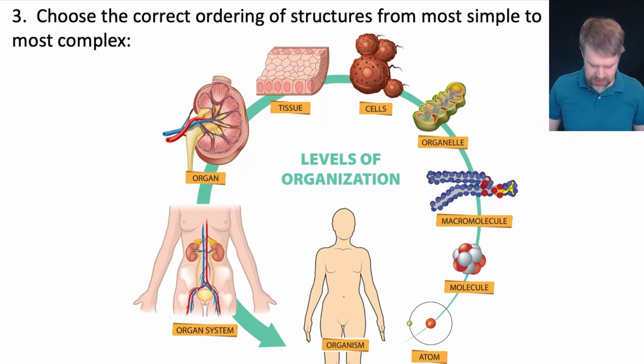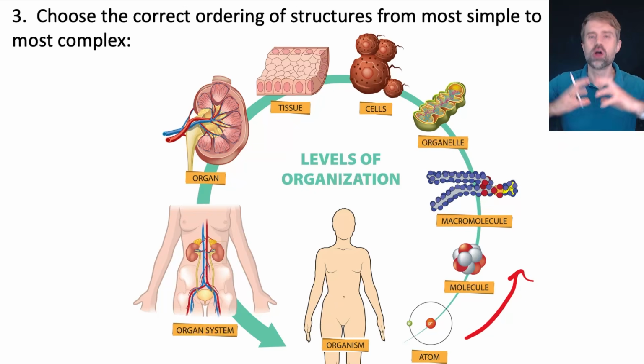So it's like the simplest thing in a person is an atom, right? It's like everything is made of atoms. Atoms super tiny, super simple. You put a bunch of atoms together, you make a molecule, right? Then we have larger versions of molecules with tons of atoms.